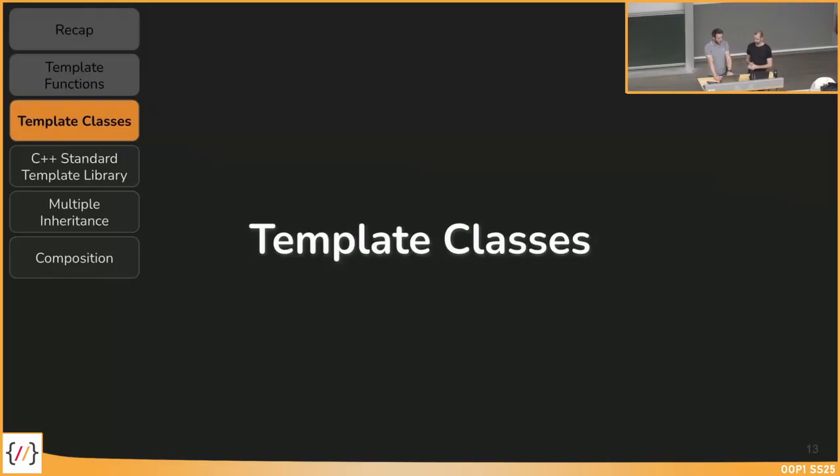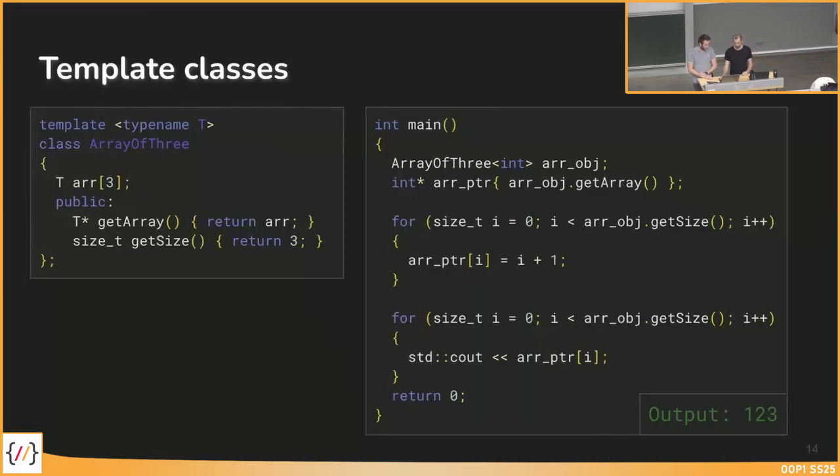Template classes means that we are not using just one function as a template. We can create a whole class as a template. And now I think there is the time where you have one aha moment. At least in my opinion, I had it back then. A template class is written very similarly. You write template and then typename, which again just means that the following is our variable name for data types.